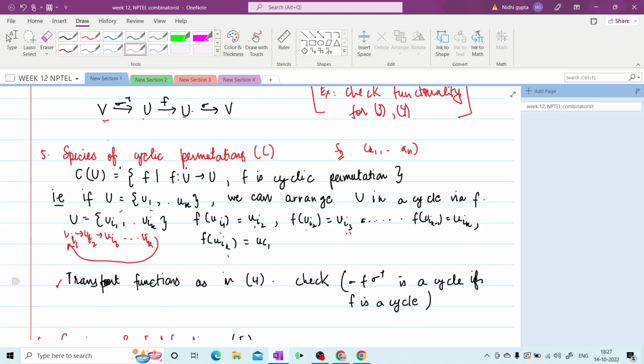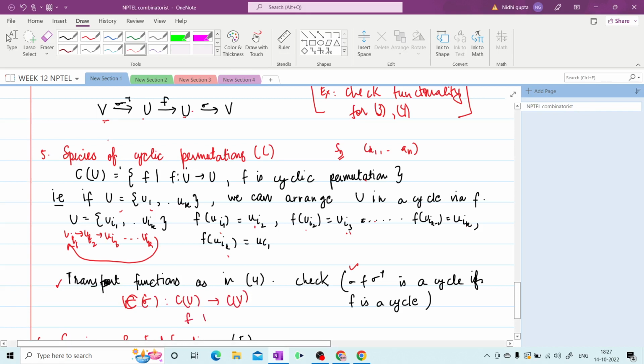And the transport function, since it is a permutation and sigma is a bijection, we define as we defined in 4, and this is again an exercise for you. So C sigma should go from C of U to C of V. If we start with some cyclic permutation f on U, we send it to sigma f sigma inverse.